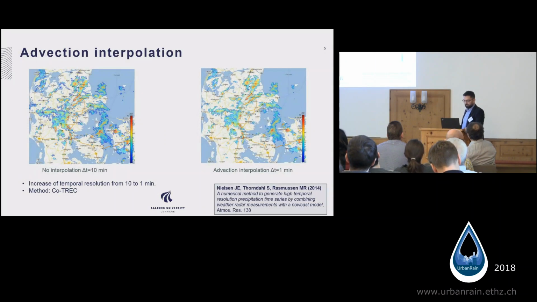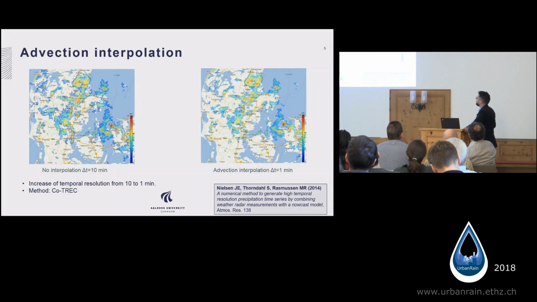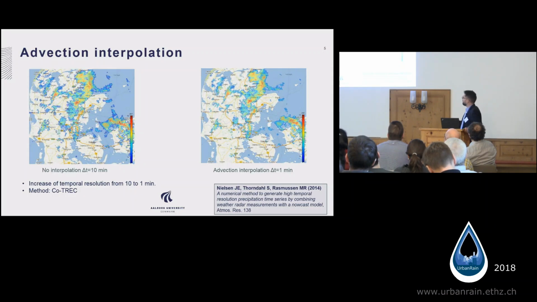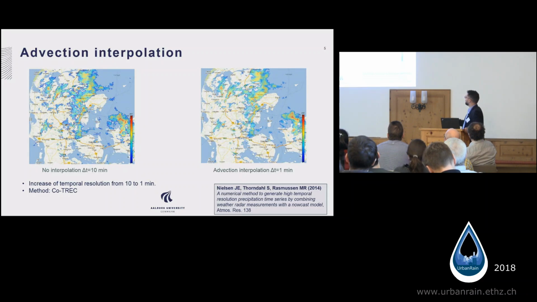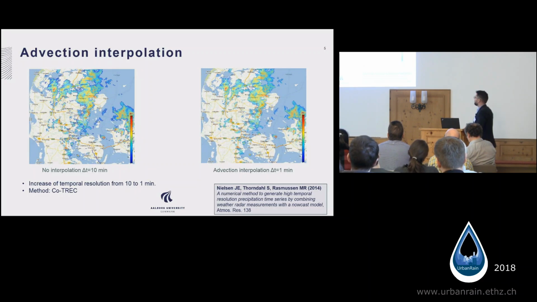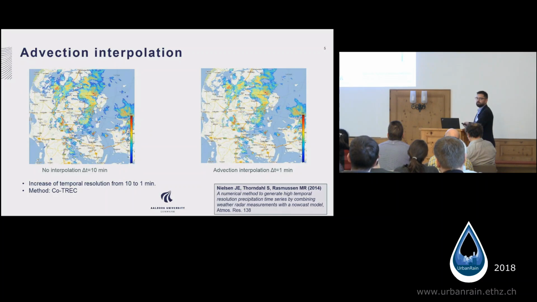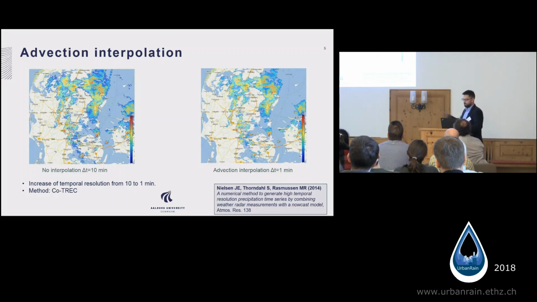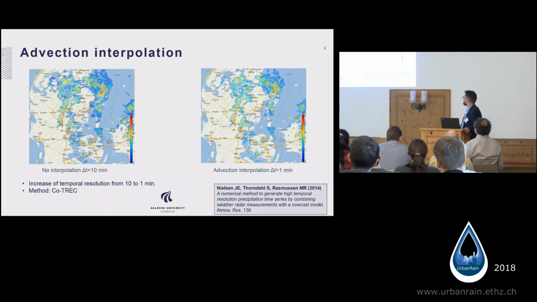And then we do what we call an advection interpolation. So we take the 10-minute snapshots from the radar and interpolate, using basically our nowcaster, to 1-minute values. So we get a much more smooth track of the radar images.